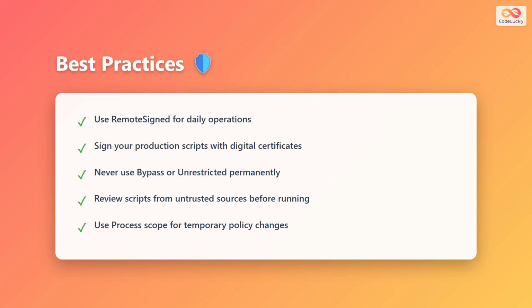These should only be used temporarily for specific tasks in controlled environments. Fourth, always review scripts from untrusted sources before running them. Read through the code to understand what it does. And finally, use the Process scope for temporary policy changes. This allows you to make short-term adjustments without permanently altering your system's security posture. Following these practices will help you maintain a secure PowerShell environment while still being productive.